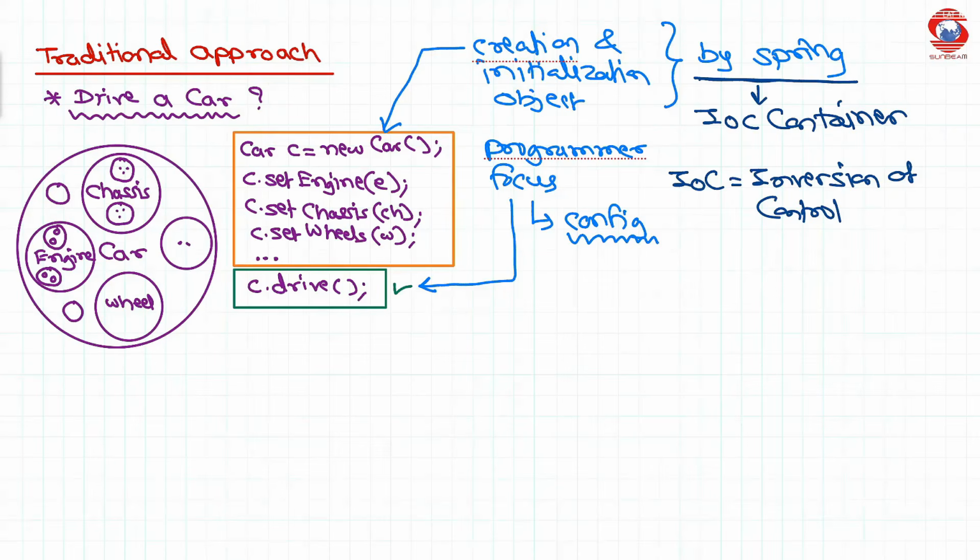We can simplify this further, how? Just Swiggy, just Zomato, directly you have the food at your home and then you just eat it. So you focus only on the business logic. You do not focus on what is all happening in the background. This is nothing but the idea of inversion of control.